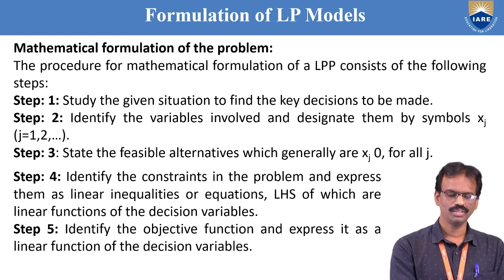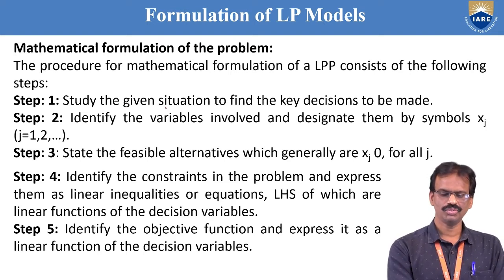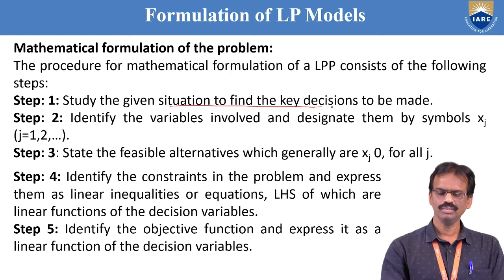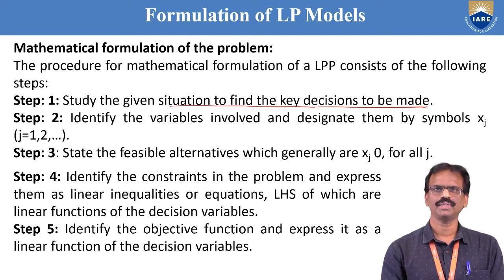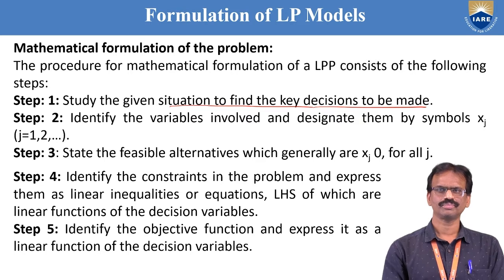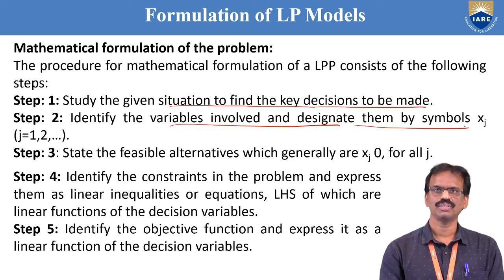These are the steps of how to formulate LP models. The first step is to study the situation to find the key decisions to be made. Second, identify the variables involved and designate them by symbols xj, where j is 1, 2, 3, meaning x1, x2, x3.